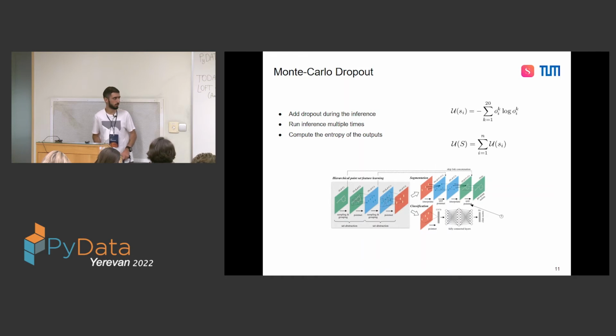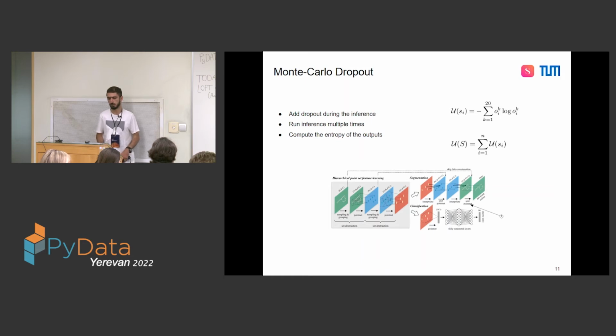As you can see below, we have the same architecture of our PointNet, and this Monte-Carlo Dropout method says that when we already have a trained model, we can add a dropout layer, usually right before the final layer where we get the softmax scores for each point. And we keep this dropout layer active during inference, and for example, run inference several times on the same input point cloud.